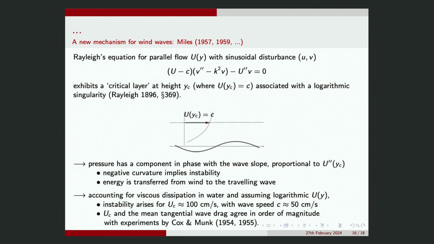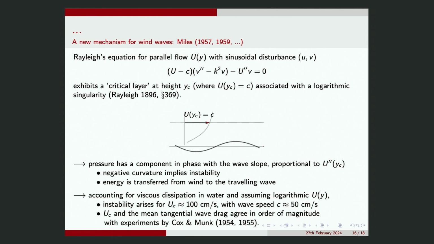And this introduces a singularity in the Rayleigh equation, and Miles was the first to have analyzed these situations, by which he showed that there is a pressure component in phase with the wave slope, which is proportional to the curvature of the velocity profile. So negative curvature, which is a current situation in the air, implies instability, and energy is then transferred from wind to the traveling wave.